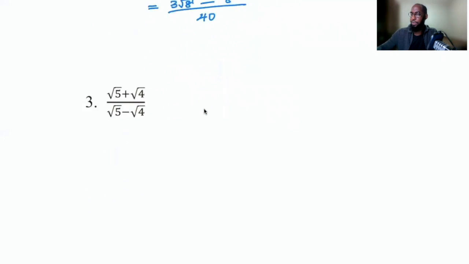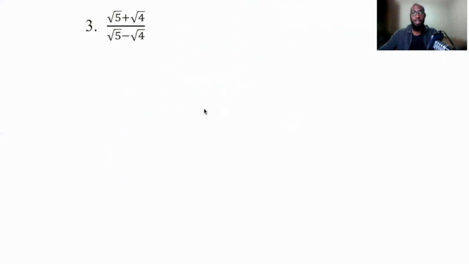Let's deal with part 3 now. Part 3 will be a little long, all right? So we have this situation, root 5 plus root 4 divided by root 5 minus root 4.